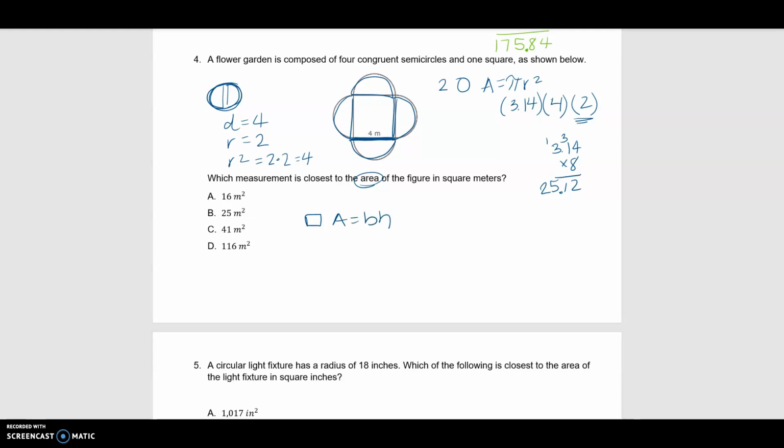So A equals base times height. So 4 times 4 is 16. And then, but it's asking for the whole thing. So I have 25.12 for the 2 circles together. And then plus 16, line up your decimals. And I have 41.12. There you go.